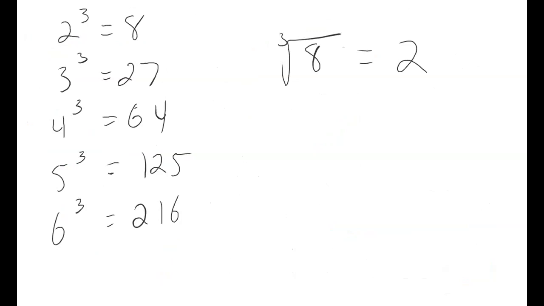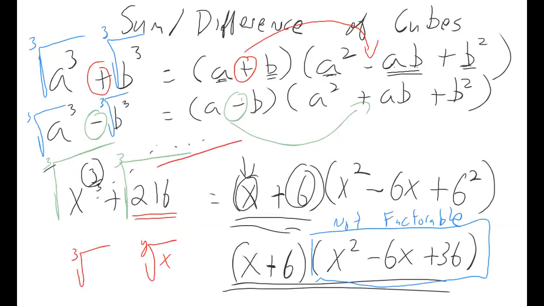Right, so I underlined the 216 because the 216 is a perfect cube. It is the perfect cube of 6 cubed. So that's how, when I go back here, that's where this 6 came from, was taking the cube root of 216. Did that answer your question, Tim? Yes. Okay.